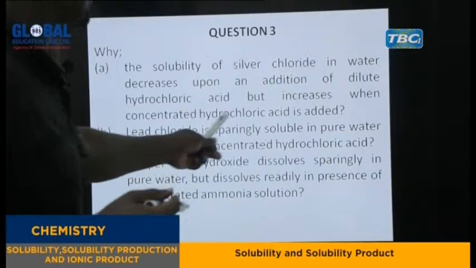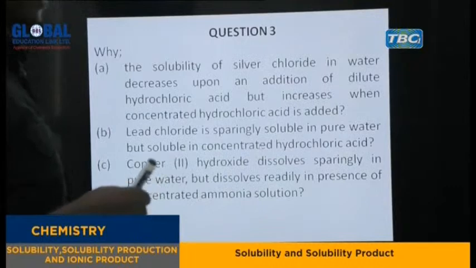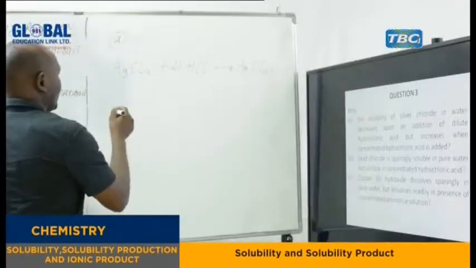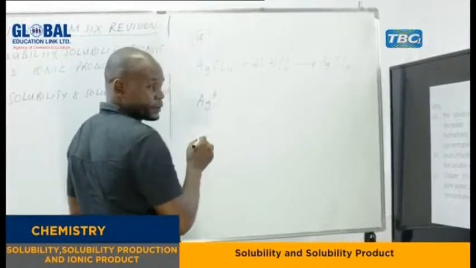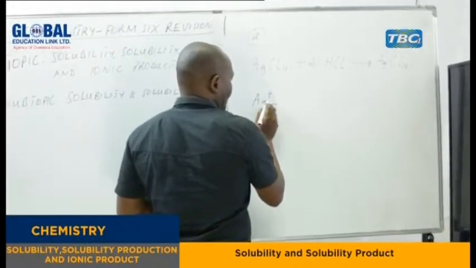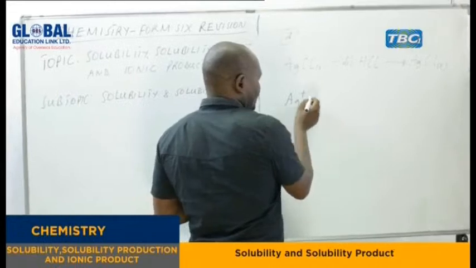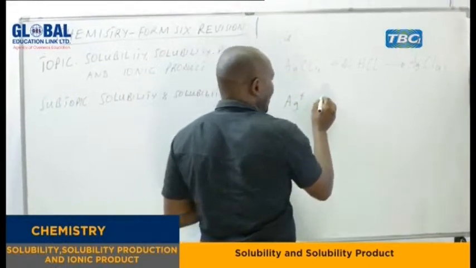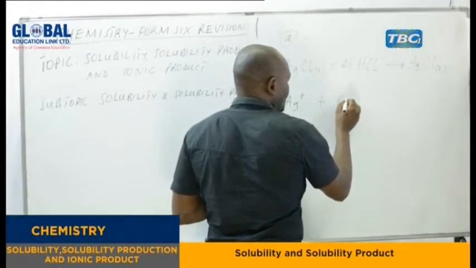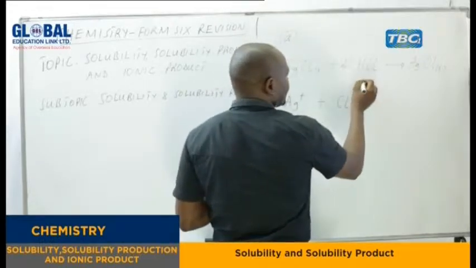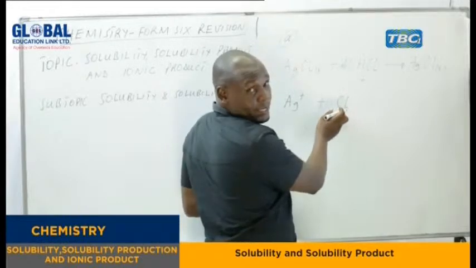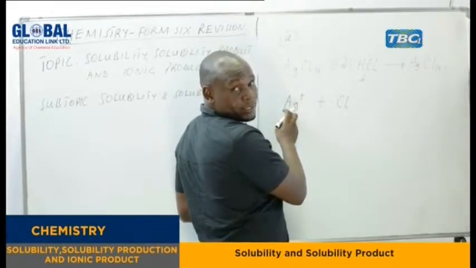But when concentrated hydrochloric acid is added, here you have silver ions, which are aqueous. Now you are adding concentrated hydrochloric acid. Concentrated hydrochloric acid releases chloride ions that will react with the silver ions.